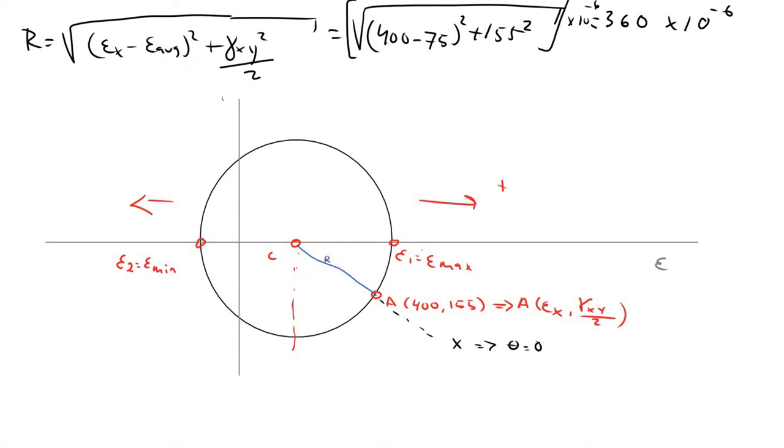So I'm going to go ahead and add my A dash, which I believe is going to be somewhere down here. That's better. And at A dash, let me connect the dots.